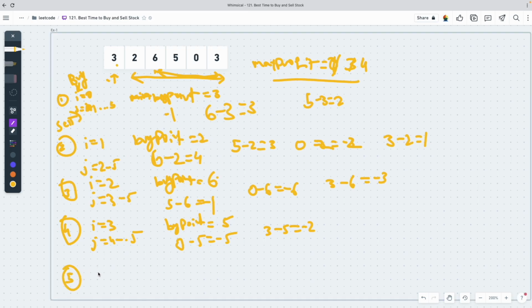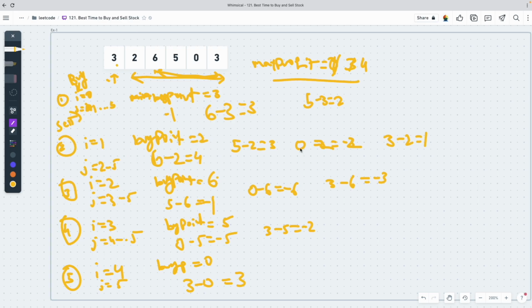Now if the iteration i value is 4, j can only be 5. So our buy point is 0 and we will be selling at 3. 3 minus 0 is 3, which is still less than our current max of 4, so we will not update the max profit.